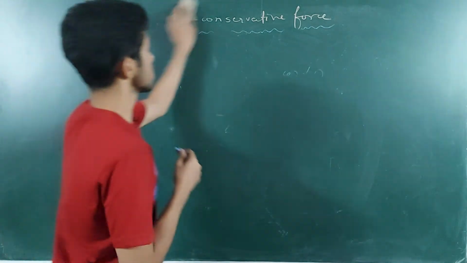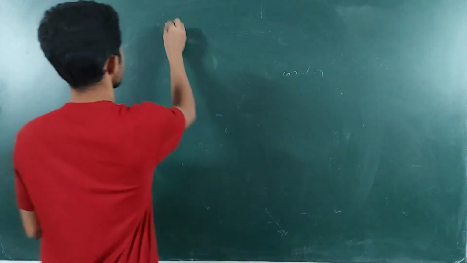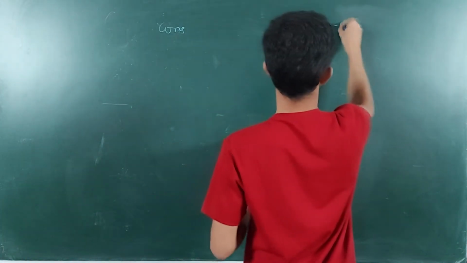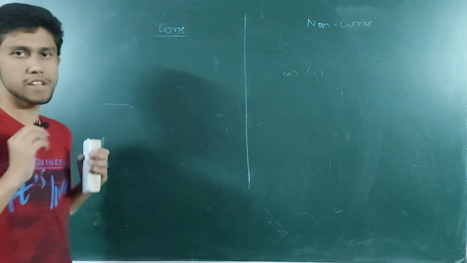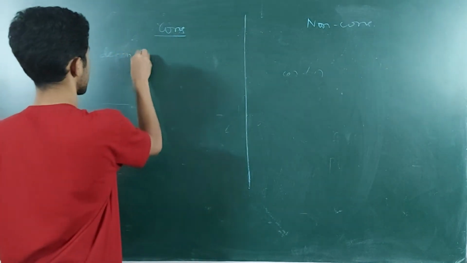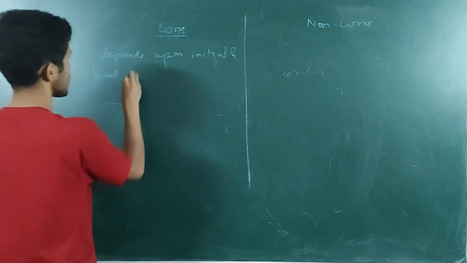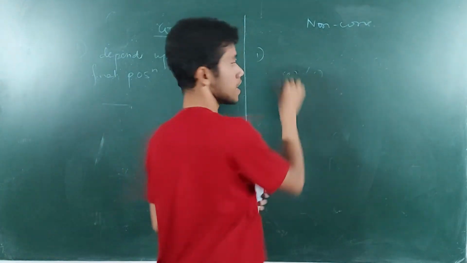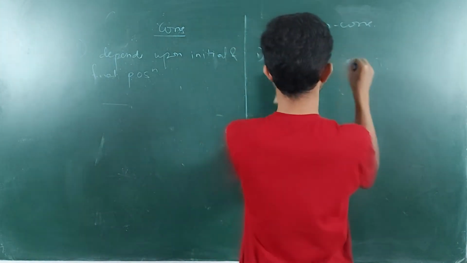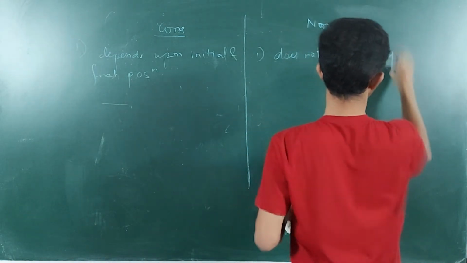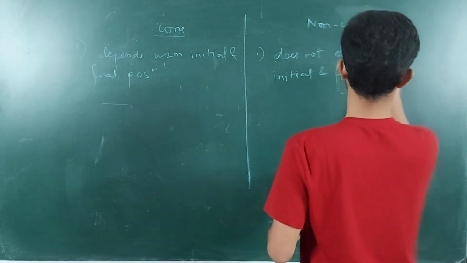Okay, now we'll find out the difference between the conservative and non-conservative forces. In a conservative force, the first point is that it depends upon the initial and final position, but in the non-conservative case it does not depend upon the initial and final position.